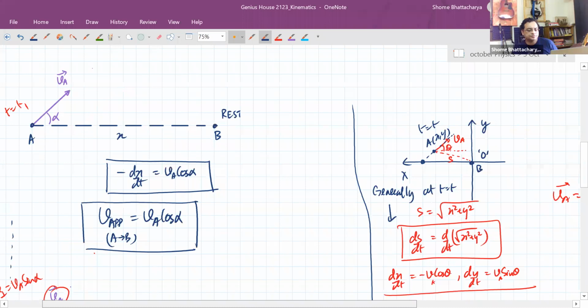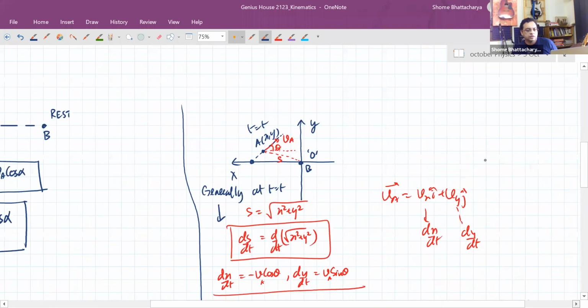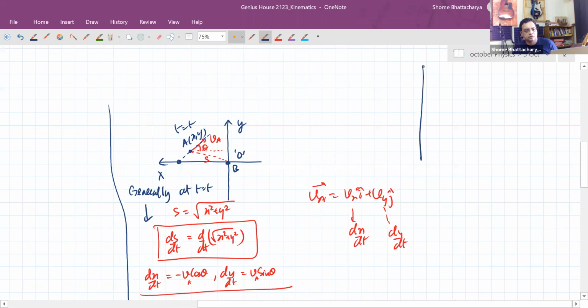See, in this situation, if we take a general case where a particle is located at some point of time over here at some xy, and it's having some general velocity vector v, how is the position vector of this particle, or you can say the distance of this particle from the origin, changing? Now this velocity vector need not be along this line. It can be in some random direction like this.